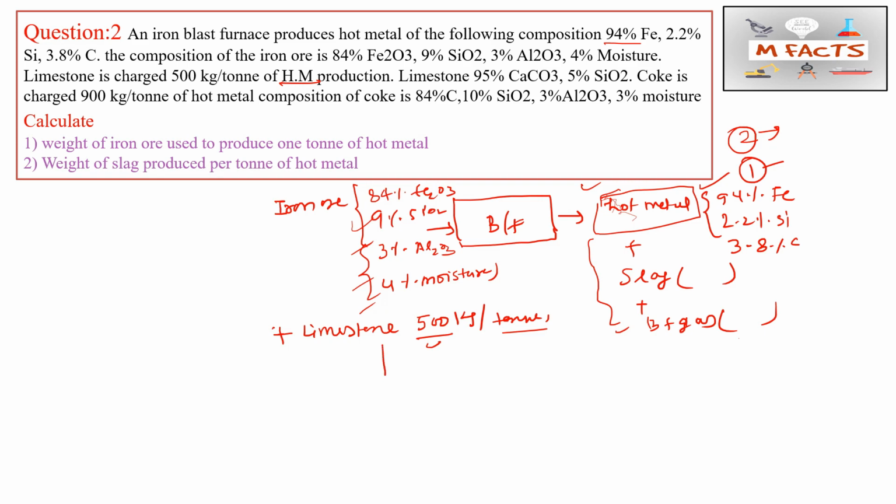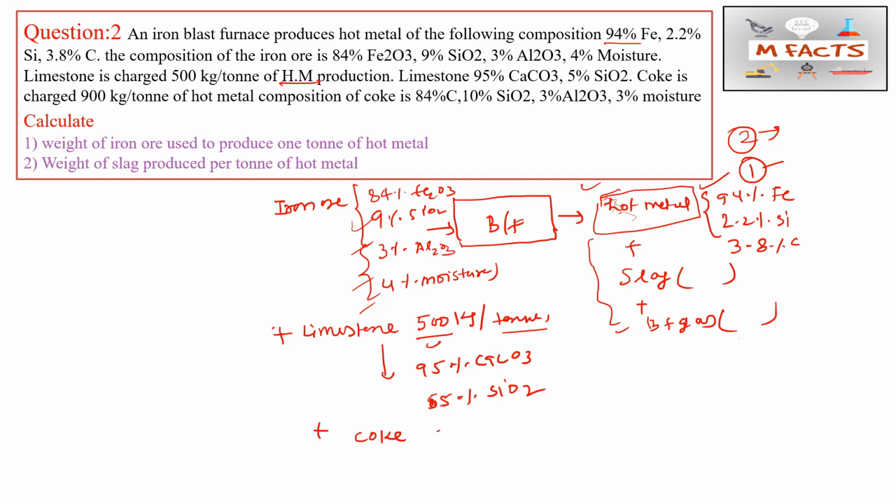This limestone contains 95% of CaCO3, and also 5% of SiO2. Okay, so this is the second thing, and the third thing is that coke is charged, that is 900 kg per ton. So we will write here that coke is also an input material for the blast furnace.